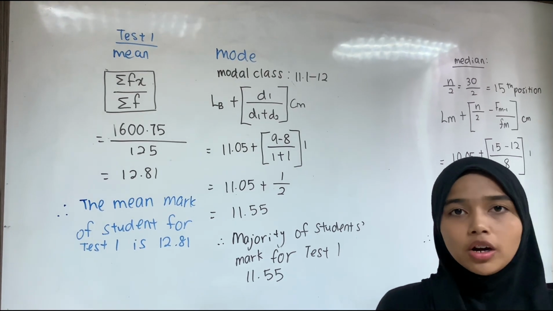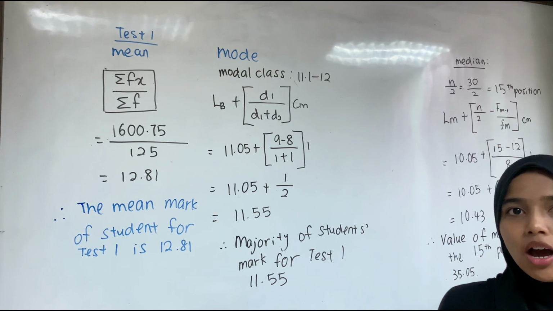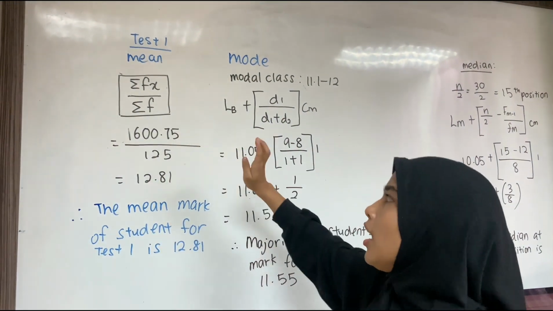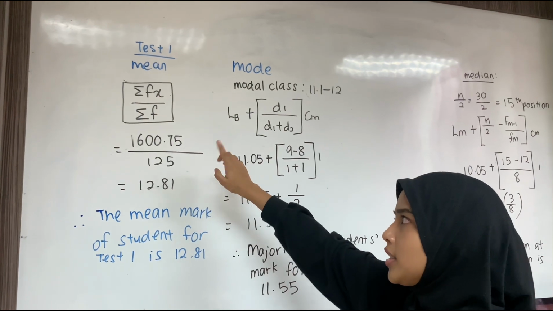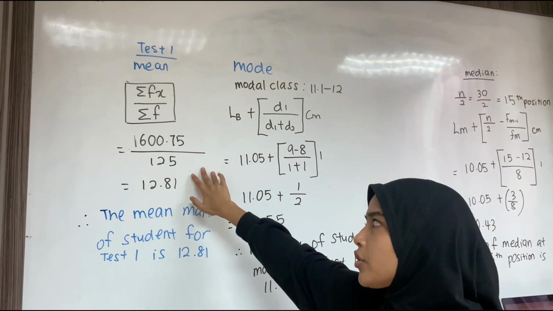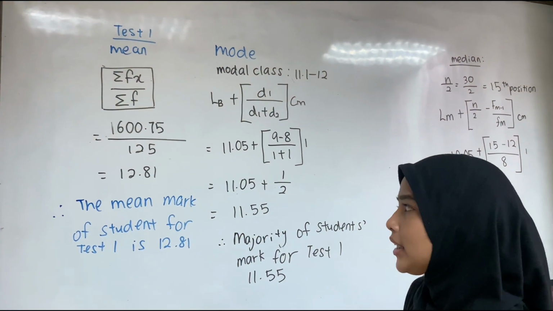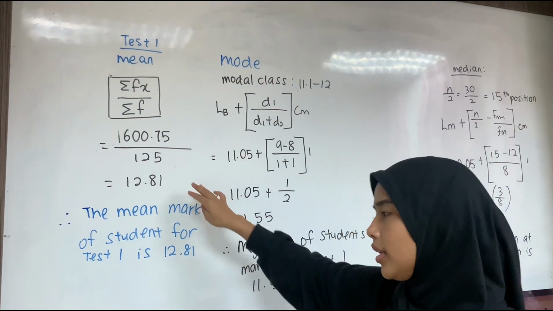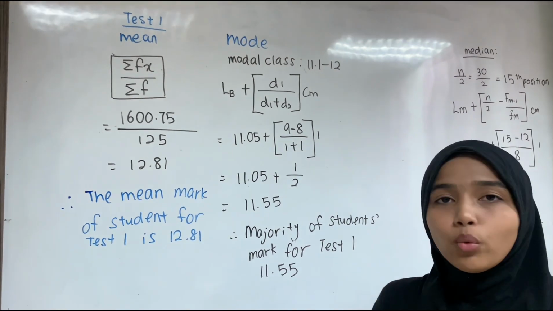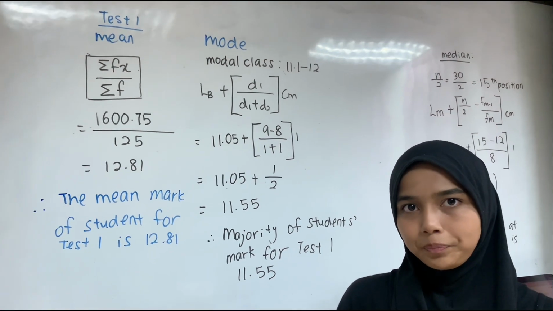Alright, we're moving on to the calculations. For mean, we use these calculations. 1600.75 divided by 125, then we will get the answer 12.81. The mean mark of students for test 1 is 12.81.